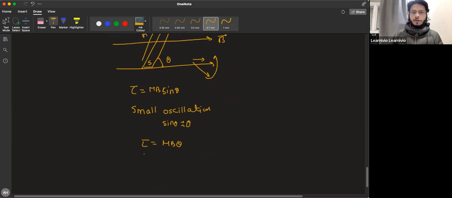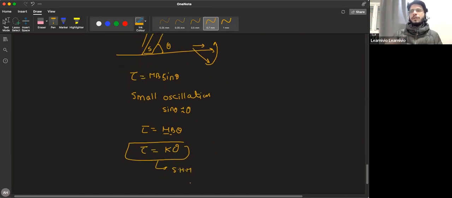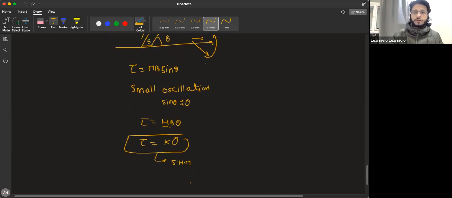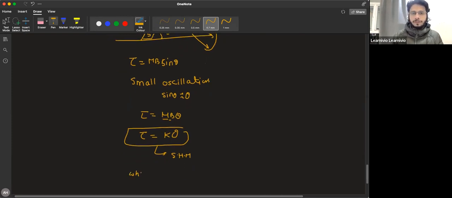Here M and B are constant. This M is magnetic moment and B is magnetic field. When the dipole oscillates, this M and B will not change. So you can write this as tau is equal to k theta. And this is the equation of SHM. This equation shows that your dipole will be in simple harmonic motion, where k is MB.